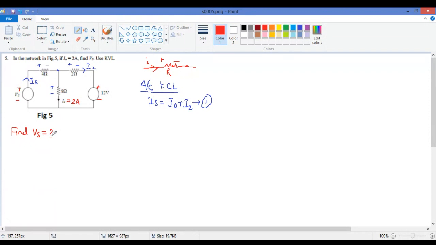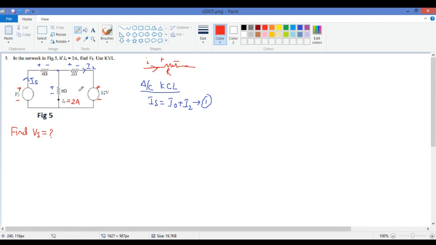Let us see, using KVL and KCL, how do we solve them? One way is just by finding equivalent resistance. But because here you have two voltage sources, you can assume that the current is flowing in clockwise direction.